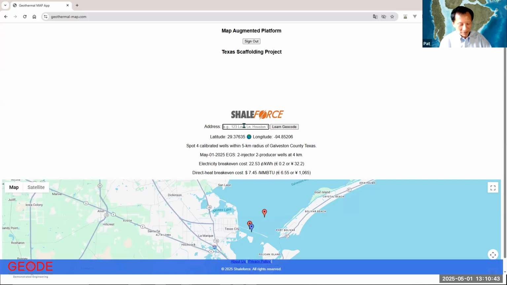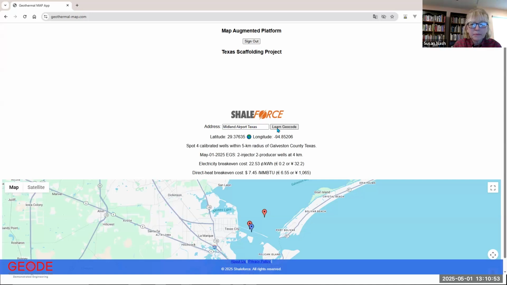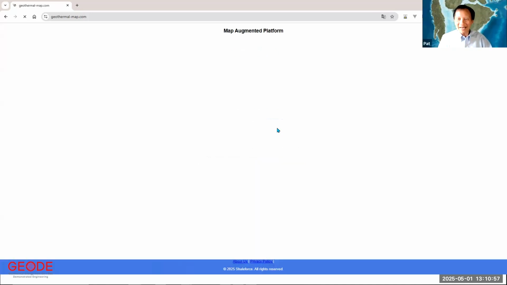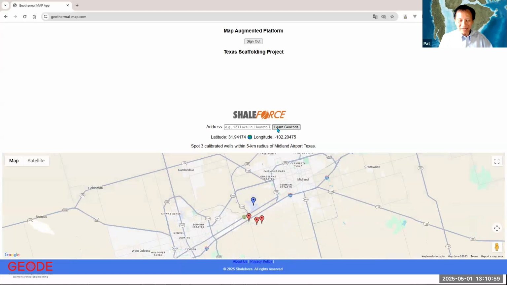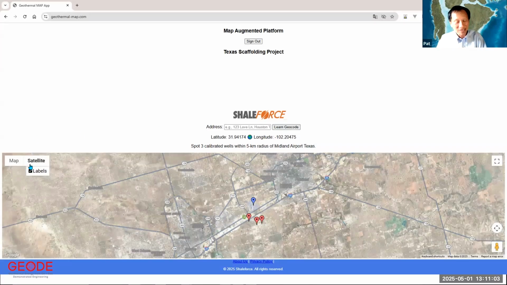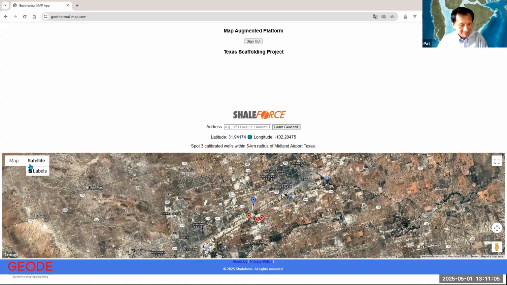But let's say I enter a different one, like Midland Airport. Okay, I enter an address. When I enter an address, it comes back and tells me how many calibrated wells there are, because some of these areas have very few wells.